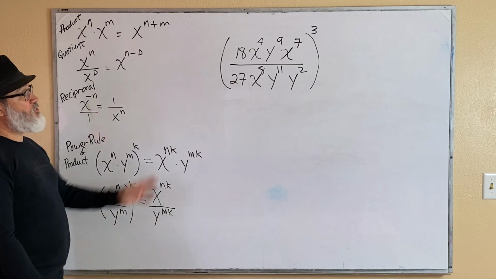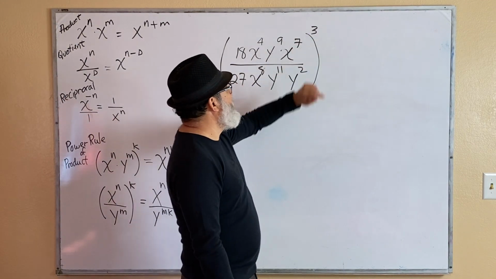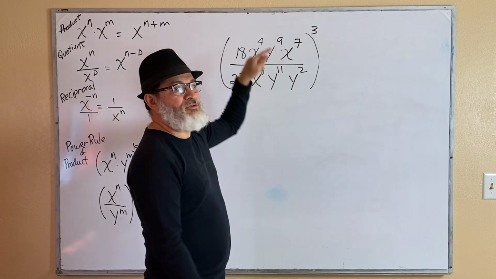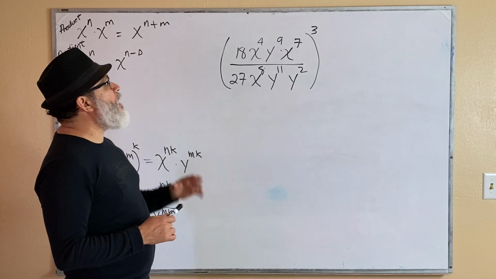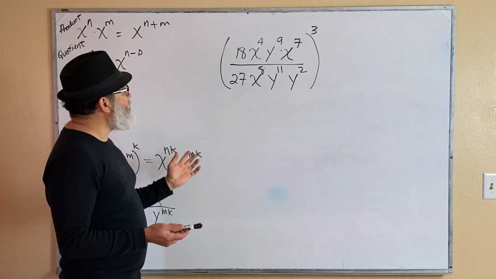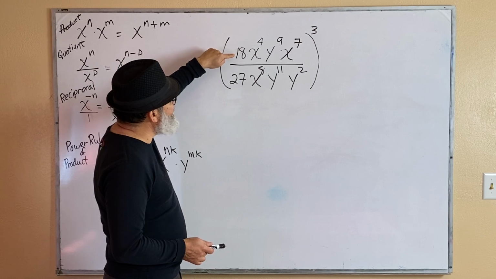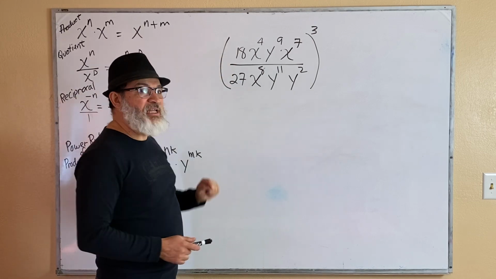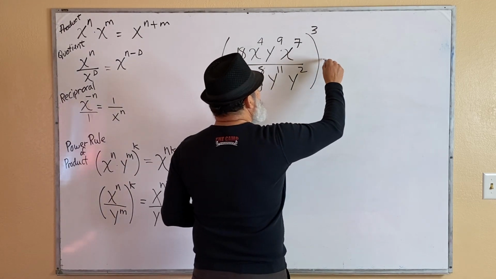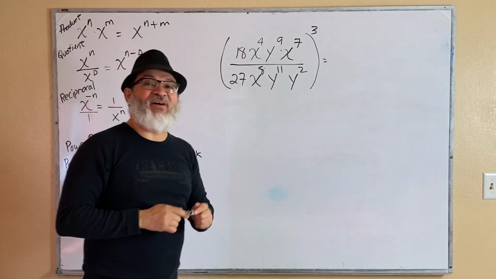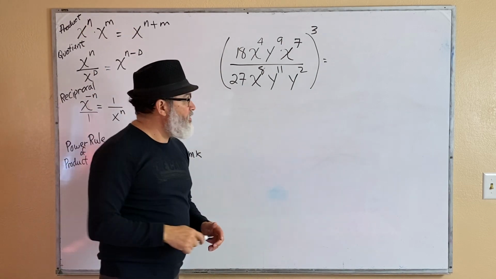That's what I'm going to do. Before I raise this roof, I'm going to clean the house. How do I clean the house? Well, I know that 9 goes into 18 and 9 goes into 27. Okay, I can do that. I am simplifying the house before I raise the roof.